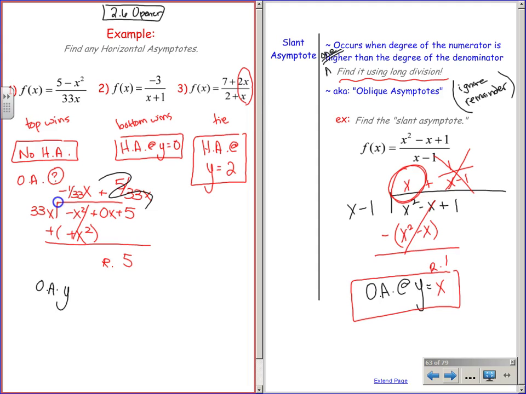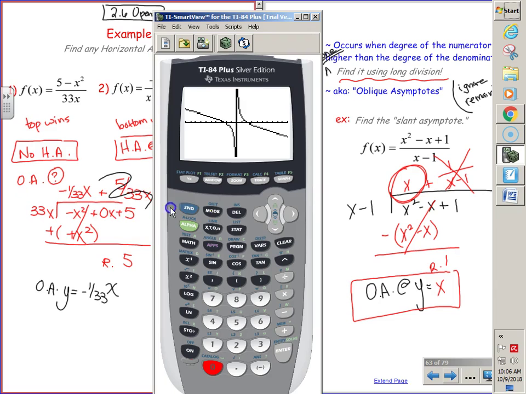Can you guys graph the line y equals negative 1 over 33 x and see if that has any special meaning in that graph? Graph the line after this function, keep him.